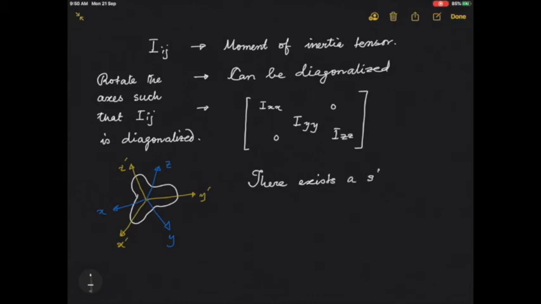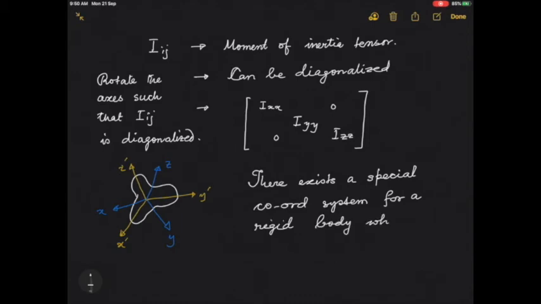Which means that there exists a spatial coordinate system for a rigid body where I is diagonal.